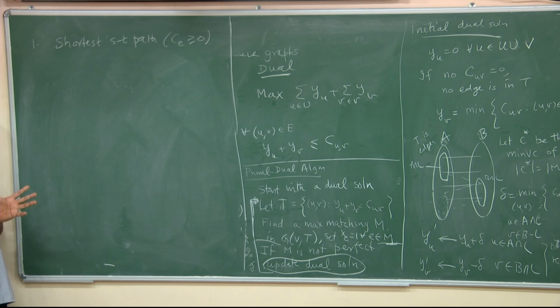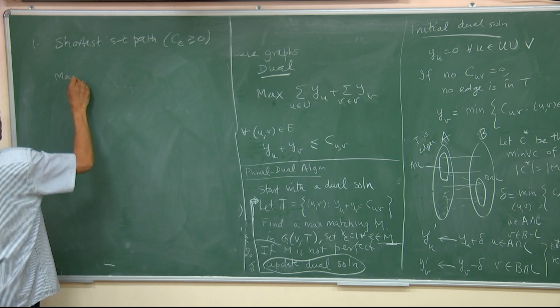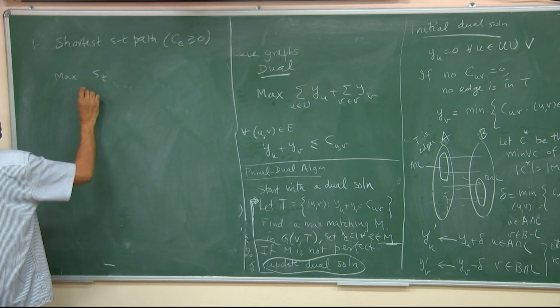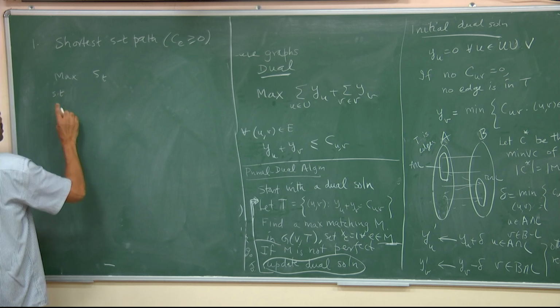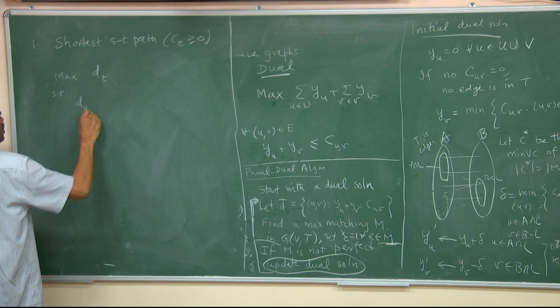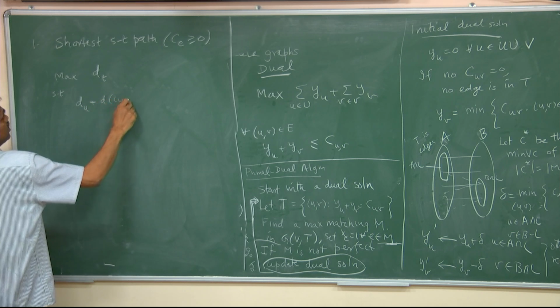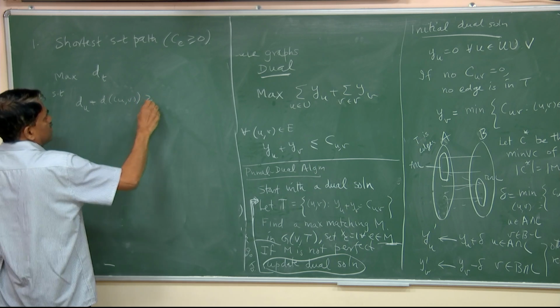We actually wrote an LP formulation for shortest path. I don't know whether you remember, we used Bellman-Ford, even, okay, again, you don't need edge weights to be greater than 0. So we had an LP which simply said maximize DT such that DU plus distance UV is greater than or equal to DV.